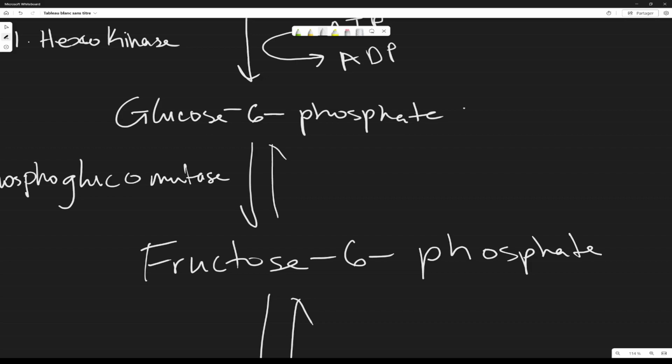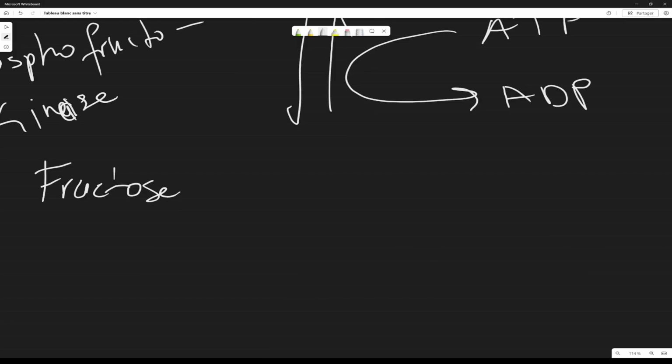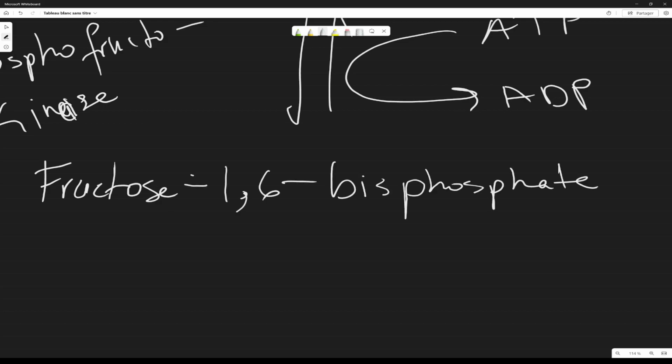And this tends to produce fructose 1,6-bisphosphate. Sorry about that, it should be 1. So it creates fructose 1,6-bisphosphate.